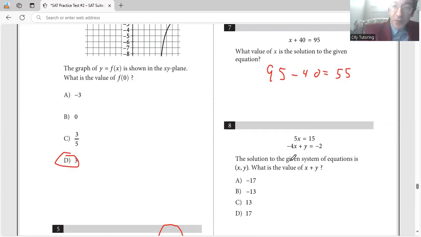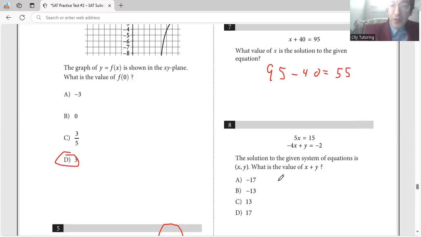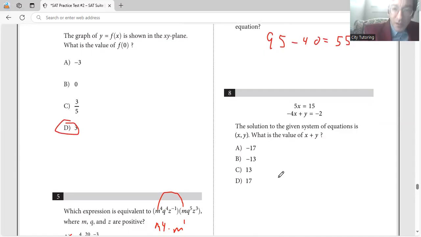Number 8. They're asking for the solution of the system of equations. This is easy because they already gave you the first equation, 5x equals 15. So x is equal to 3. Then we substitute into the second equation: -4 multiplied by 3 plus y equals -2.